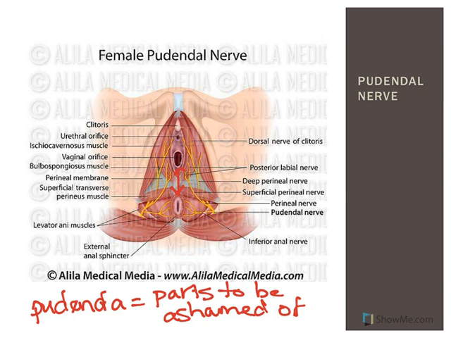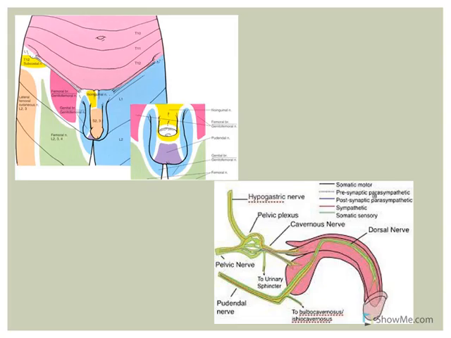Skin of the external genitalia, no one wants to talk about that. It also innervates the external anal sphincter, which is depicted on this picture here, and the external urethral sphincter. In the male, it innervates parts of the scrotum here, and it innervates the penis.